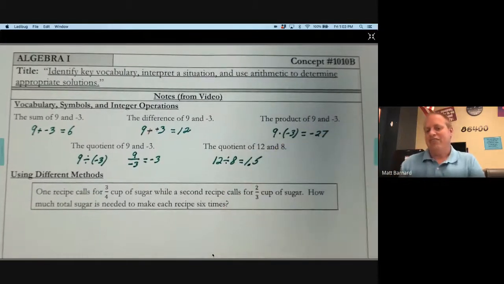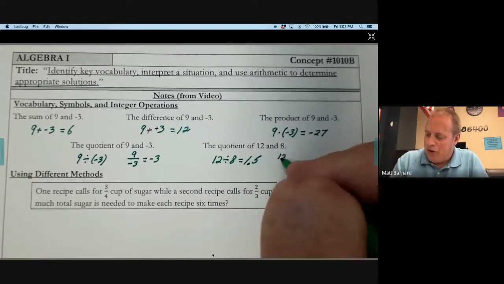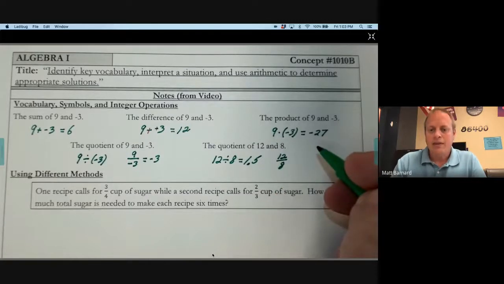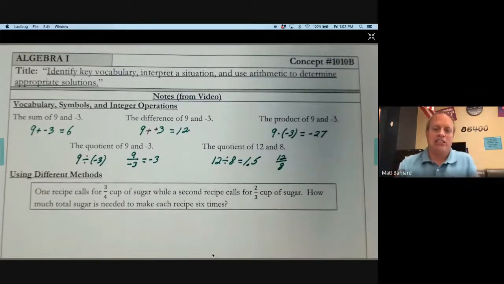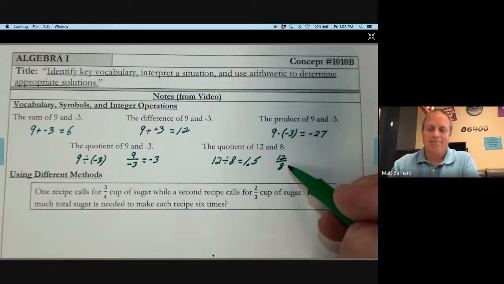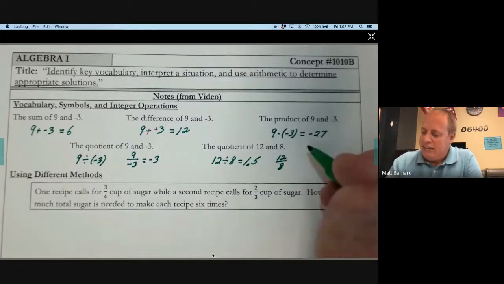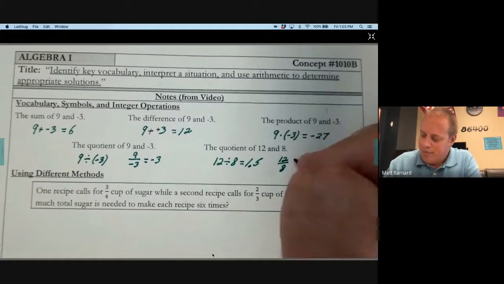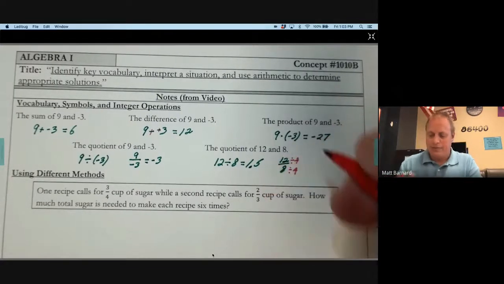But think of it as a fraction. This is 12 over 8. And we reduce a lot of fractions in mathematics because we like to make things simpler. Life's hard enough the way it is. We want to make things as easy as possible. So is there a number we can divide 12 and 8 by? The answer is yes. I could divide 12 by 4 and 8 by 4.